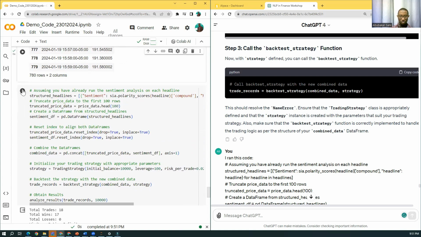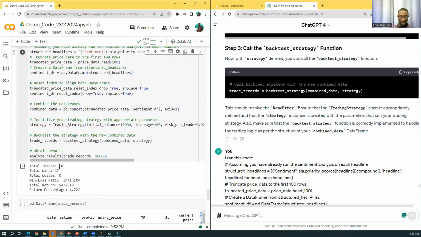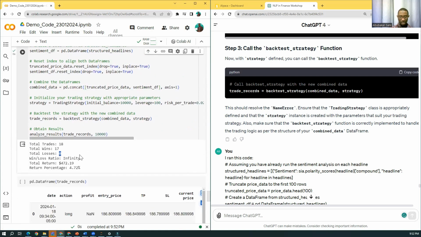So I run this. Okay, look at this. I made 18 trades. Of those trades, I won 17 of them, and no losses. That means I still have one trade which is currently running.